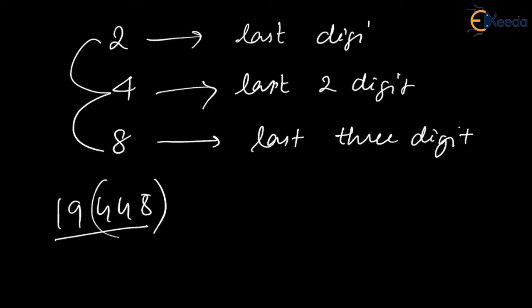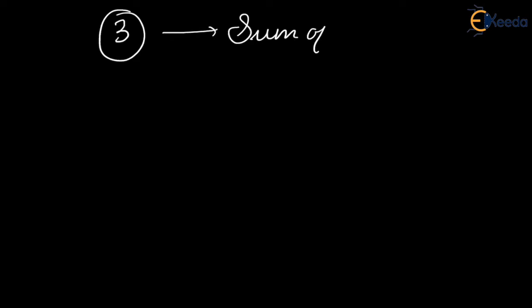I hope everybody is clear with this. Now let us understand divisibility by 3. How do you come to know a number is divisible by 3? For a number to be divisible by 3, the sum of its digits has to be divisible by 3.